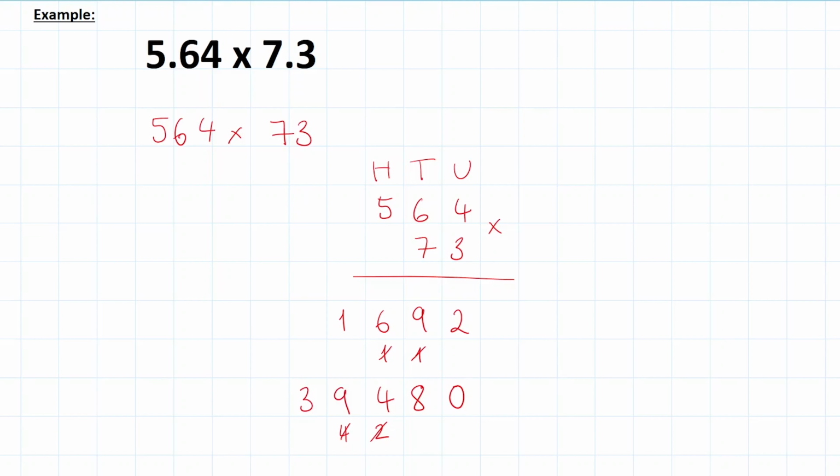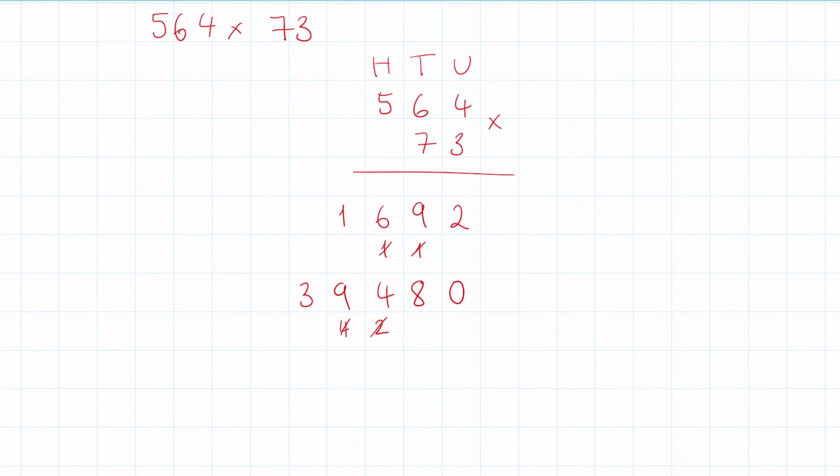So 564 times 70 is 39,480. Now I've got my two numbers, I'm going to add them up as usual.